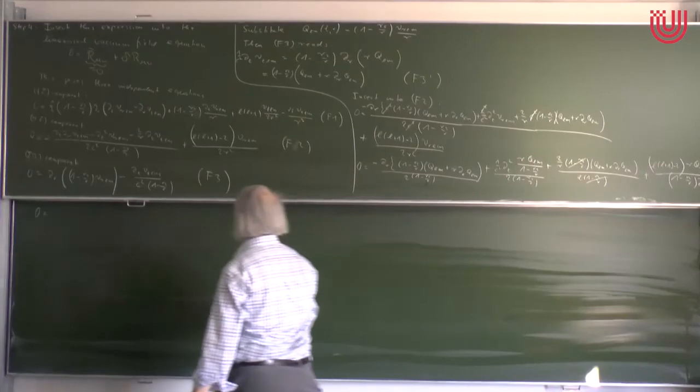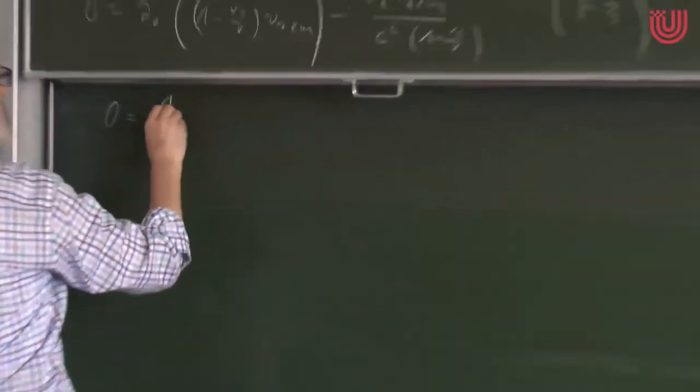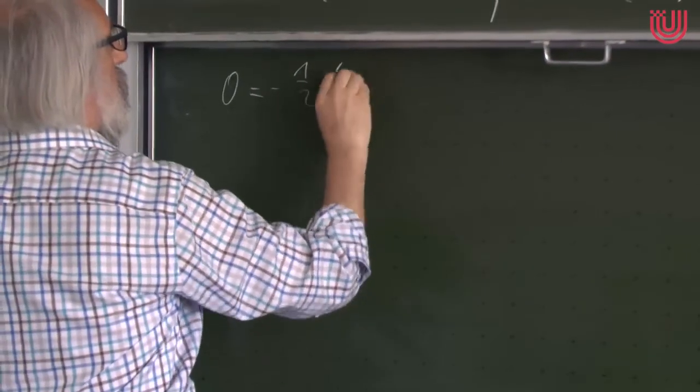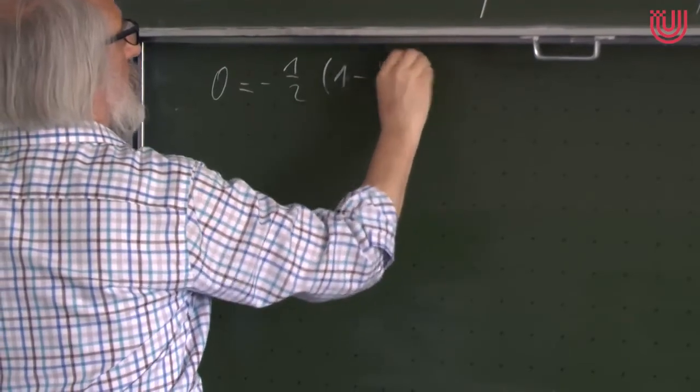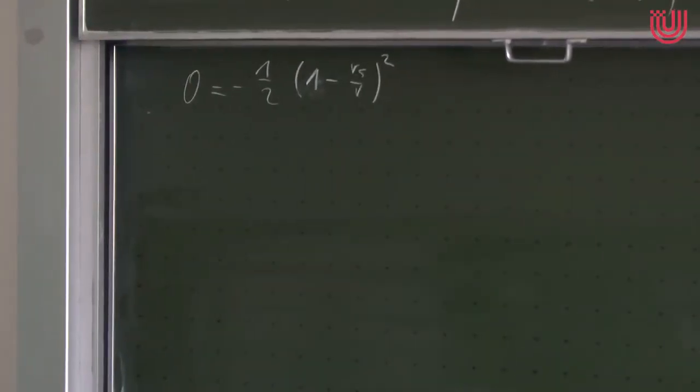Then I get minus 1/2, 1 minus rs over r squared.